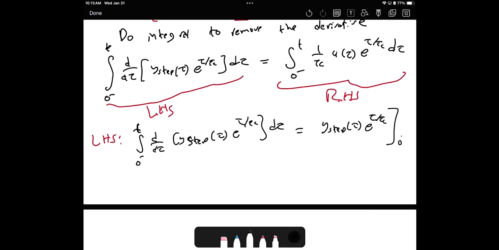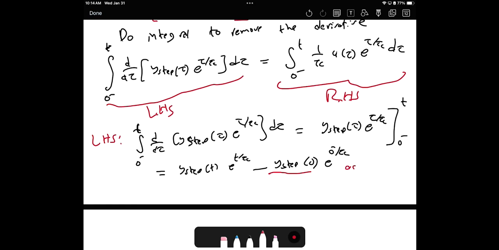Then substitute from 0 to t and assume initial condition 0, so this will yield y step of t e power t over tau c minus y step of 0 e power 0 over tau c.